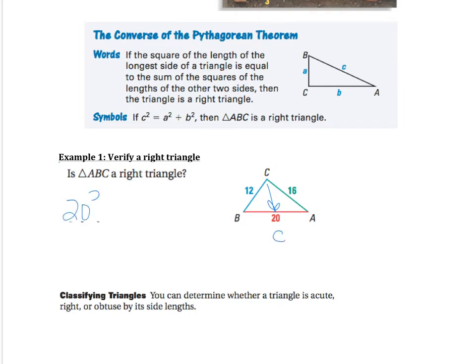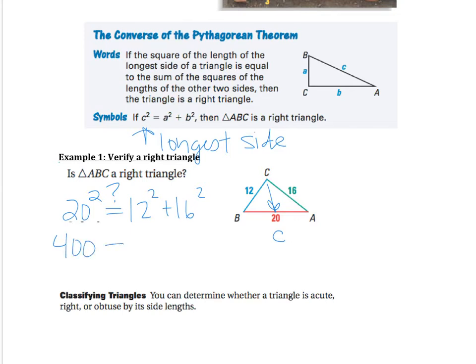So does 20 squared equal, and I'm going to use a question mark, 12 squared plus 16 squared? Okay, longest side is always the C. All right, so let's see, does that work? 400, is that equal to 144 plus 256?